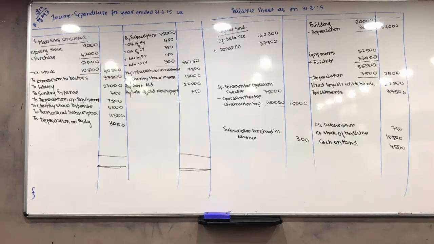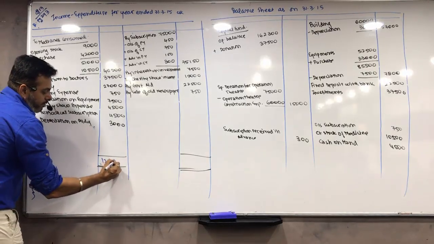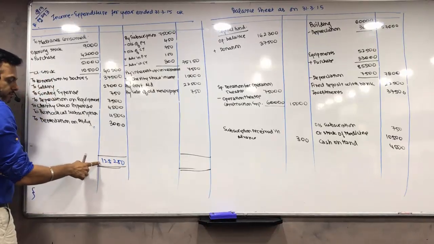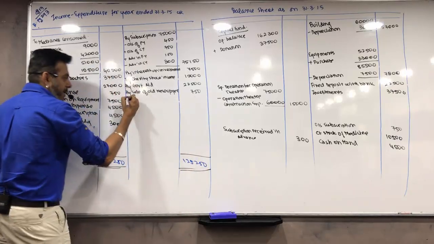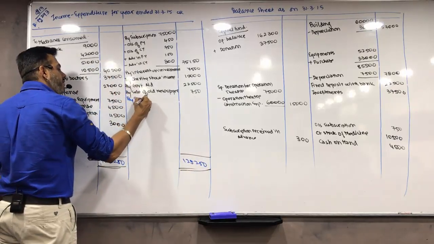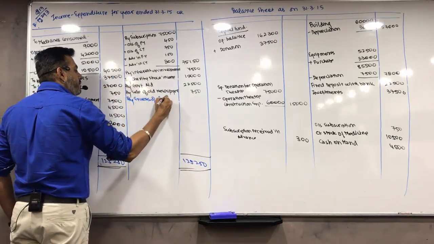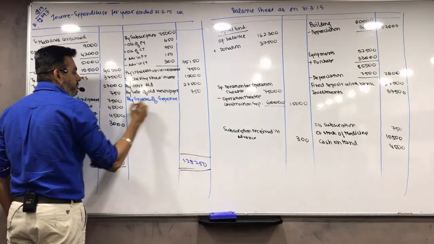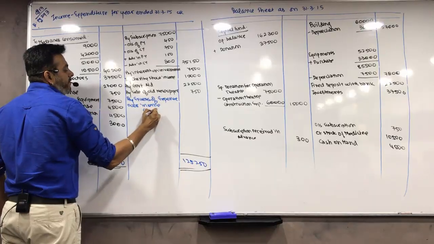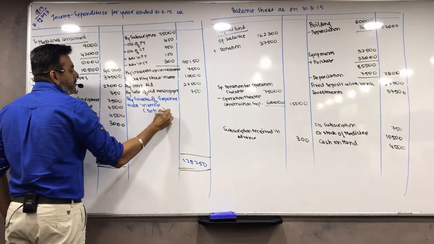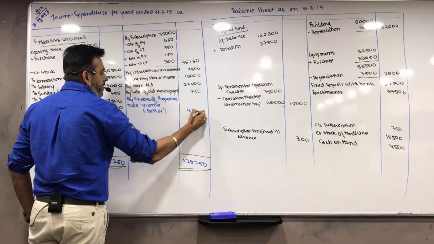First of all, 125,250 over here. 125,250 by excess of expense over income, deficit 4,350.